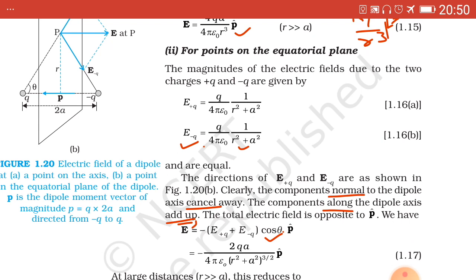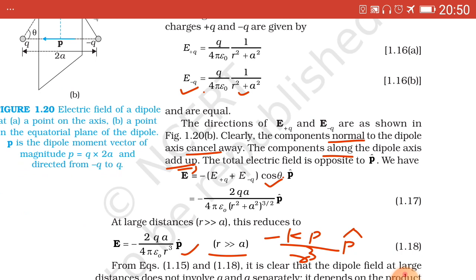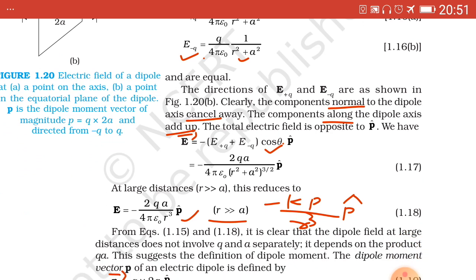Now the components normal to the dipole axis, normal means perpendicular to the dipole axis, cancel away, and those components are E sin theta, equal in magnitude and opposite in directions, while the components along the dipole axis, means along the same side, add up, and hence the total electric field is opposite to P hat, that is vector E equal to minus of (E plus Q plus E minus Q) into cos theta into P hat, minus sign out of the bracket because opposite to P hat, which is equal to minus 2qa upon 4 pi epsilon 0 into (r square plus a square) whole raised to 3 by 2 into P hat.